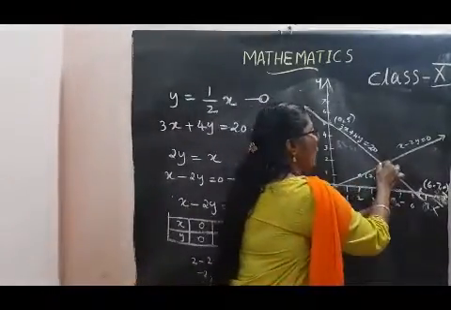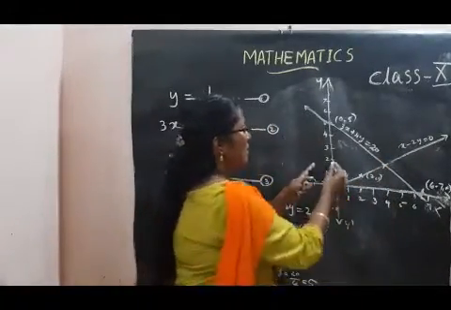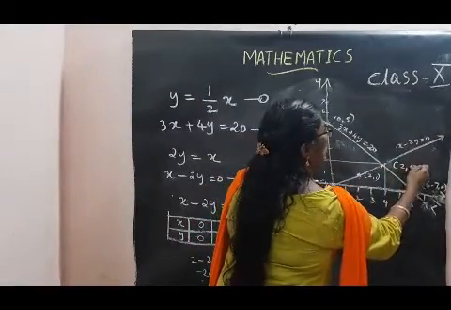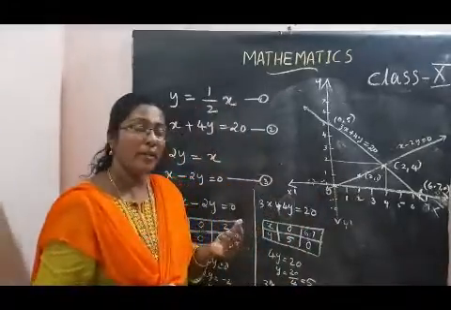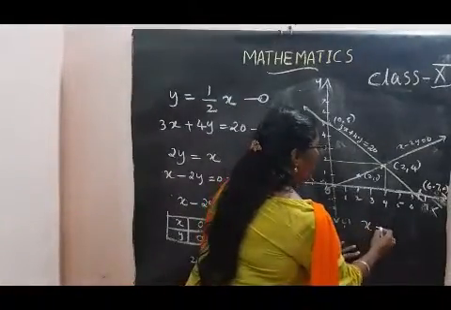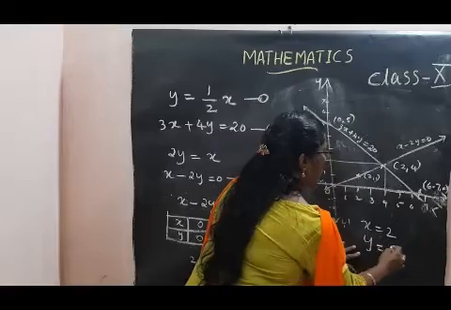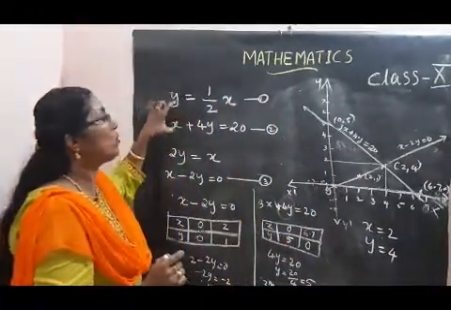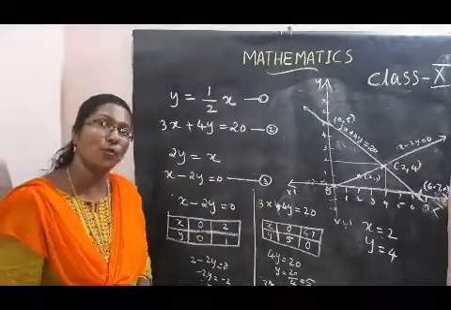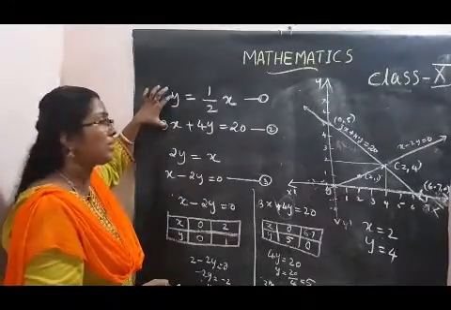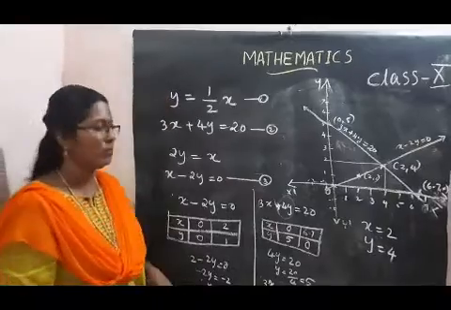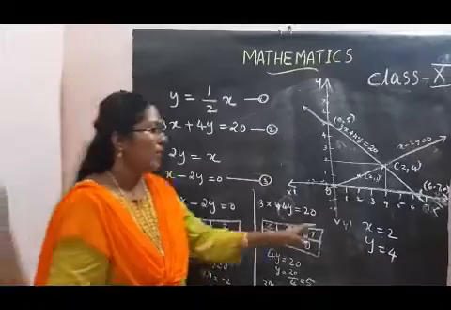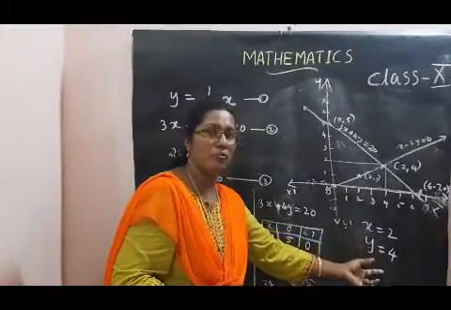Okay, the intersecting point is this. Here the point is 2, 4. What do you mean? The x value is 2 and y value is 4. So the solution of this pair of linear equations is x equal to 2 and y equal 4.